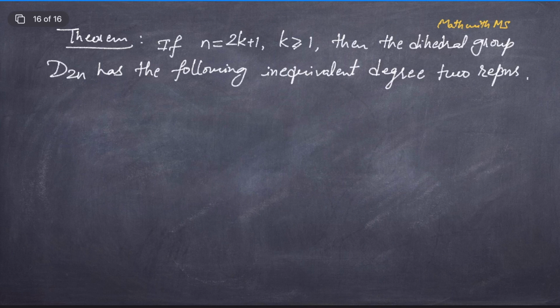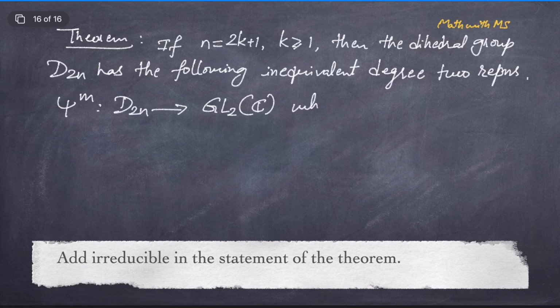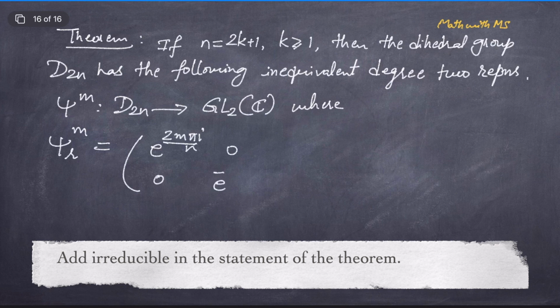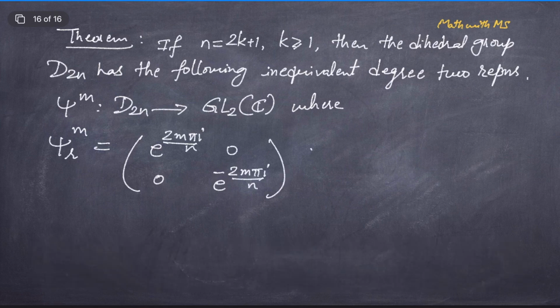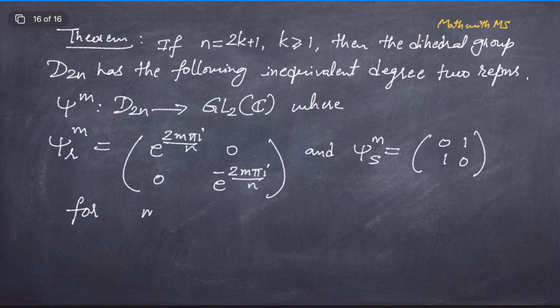And they are given by again psi m from D2n to GL2 of C, where psi m at R is the matrix e to the power 2 m pi i by n, 0, 0, e to the power minus 2 m pi i by n, and psi m of S is the matrix 0 1 1 0, for m bigger than or equal to 1, less than or equal to k.